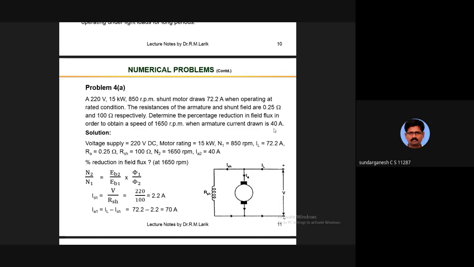They have given another speed, so two speeds are available. Take the first speed as N1 and the second speed as N2, 1650 RPM. For the second speed, they have given the current of 40 amps. Now we have to find the percentage reduction in flux.